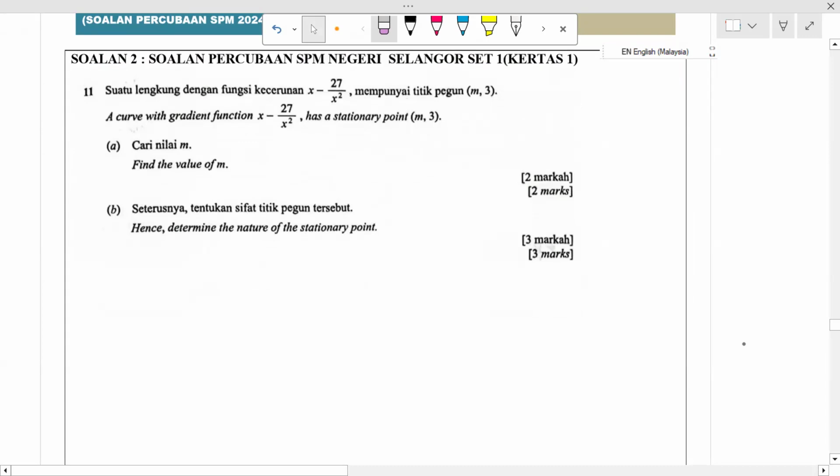You have a curve with this gradient function with a stationary point. You need to find the value of m. Now m is not gradient here, m is the x coordinate, so be careful of the symbol used. Hence, determine the nature of your stationary point.